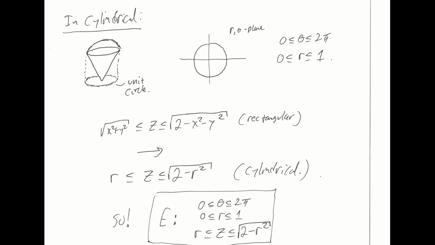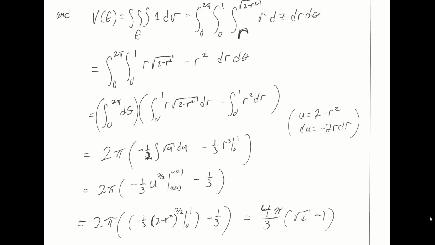And now we can describe E in cylindrical as theta going from 0 to 2 pi, r going from 0 to 1, and z going from r to the square root of 2 minus r squared, the positive root of 2 minus r squared. So if we set up our volume of this region as an iterated integral in cylindrical, it will take this form.